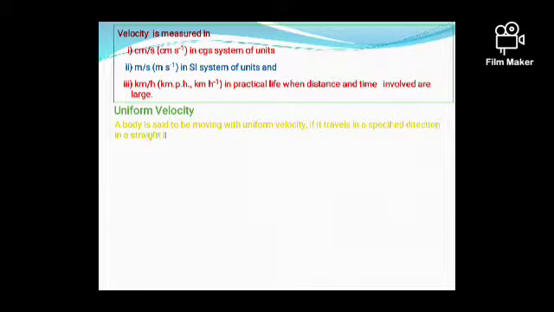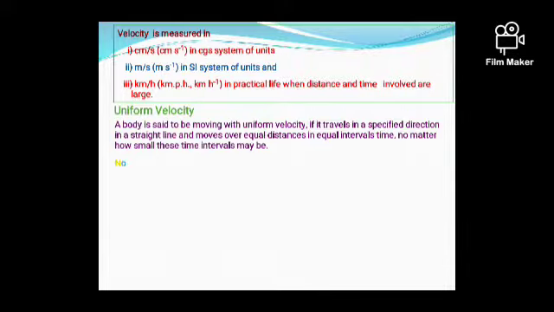A body is said to be moving with uniform velocity if it travels in a specified direction in a straight line, and covers equal distance in equal intervals of time. Here you can see it should cover equal distance in equal intervals of time, but the specified direction must be there. The direction should not change.